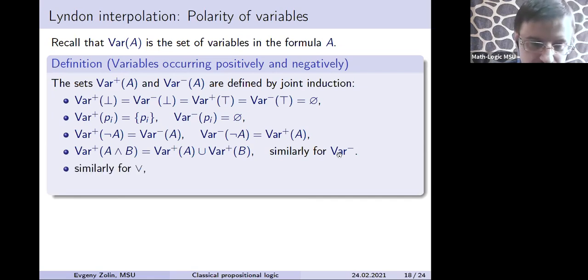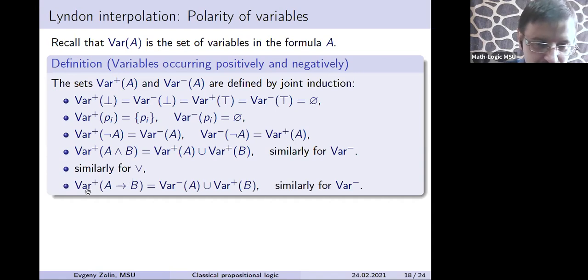I could even stop here because implication can be expressed in terms of negation and disjunction: A implies B means not A or B. So you can figure out which variables are positive and negative in implication. But let us write it explicitly.